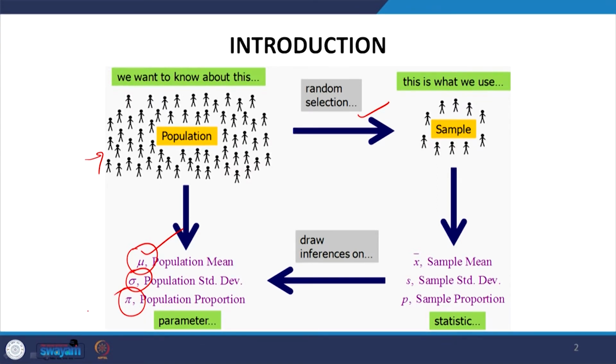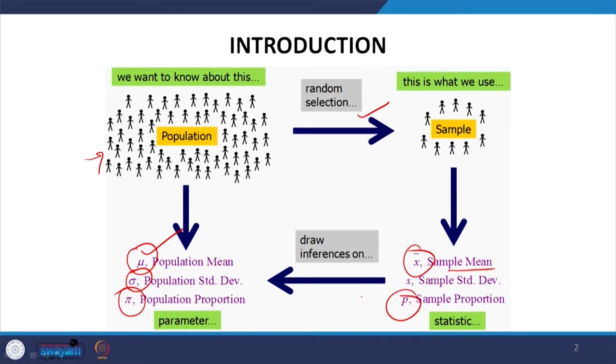Whereas for the sample, we say x bar for the sample mean, whereas mu is for the population mean; small s for the sample standard deviation, whereas in the population it is sigma; and the sample proportion is p, whereas the population proportion is in fact pi.